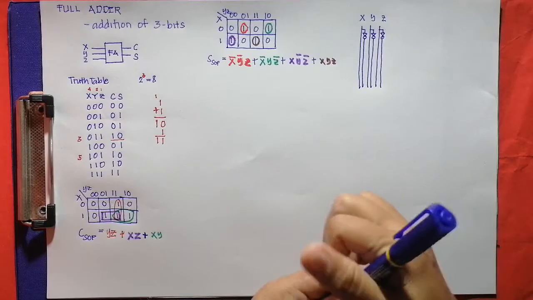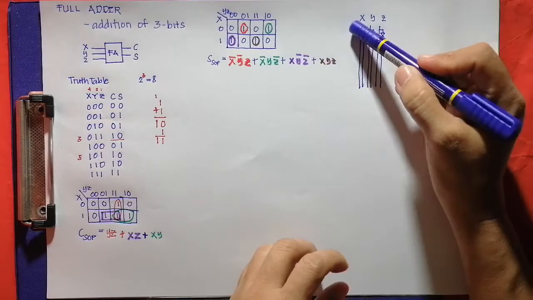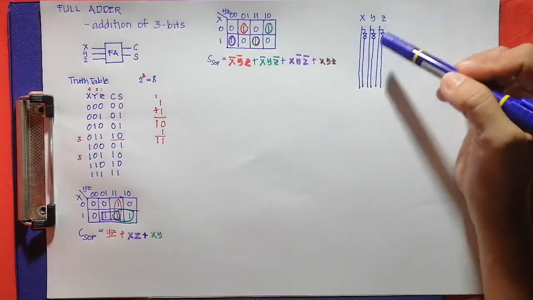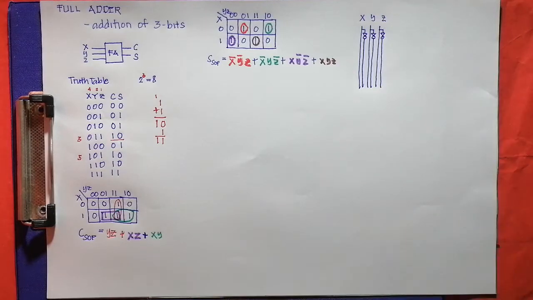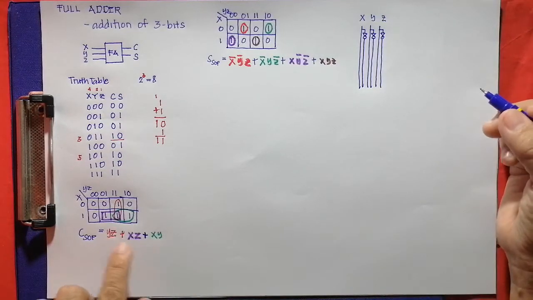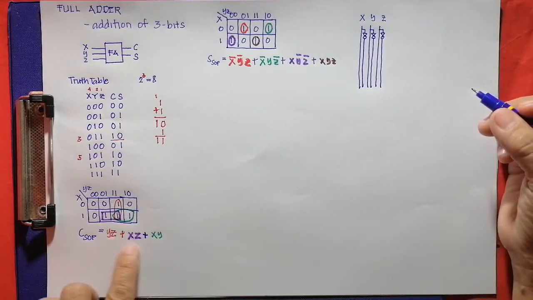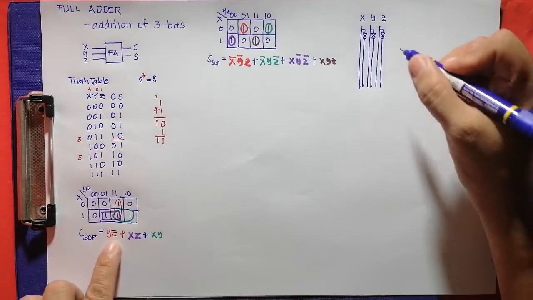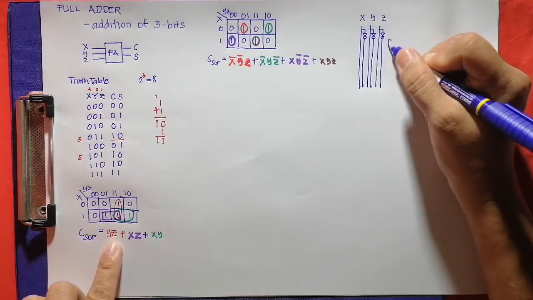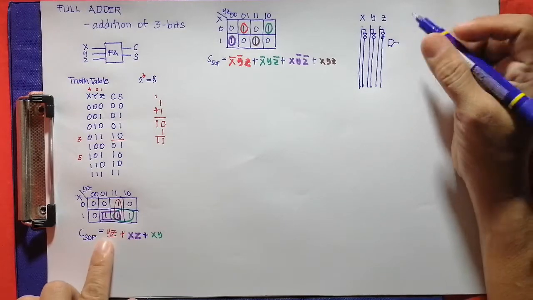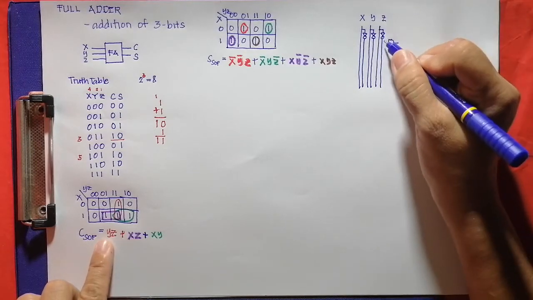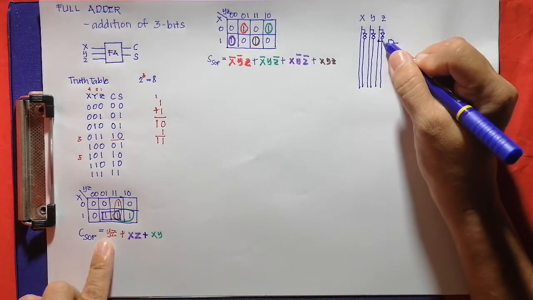Okay. So therefore, this one is x, not x, y, not y, z, not z. So in here, all are AND gates separated by an OR gate. So we have here an AND gate. We have yz. So this is your z.